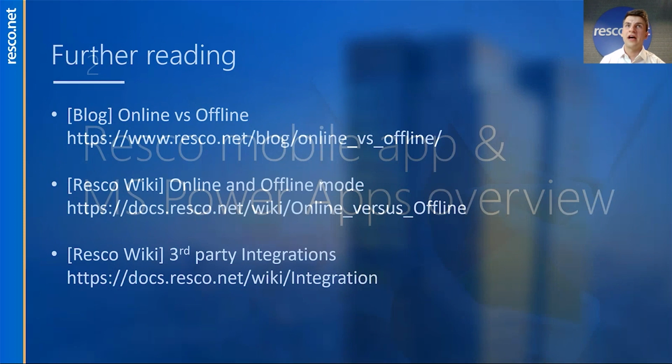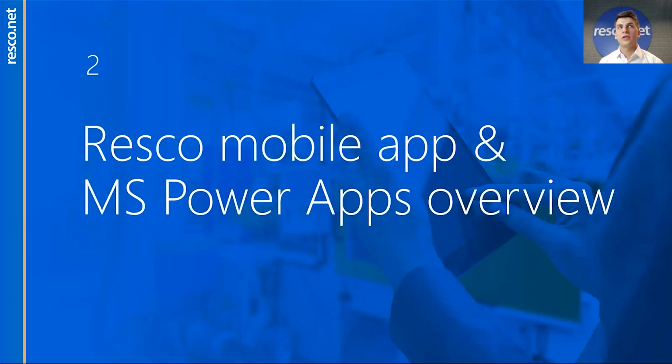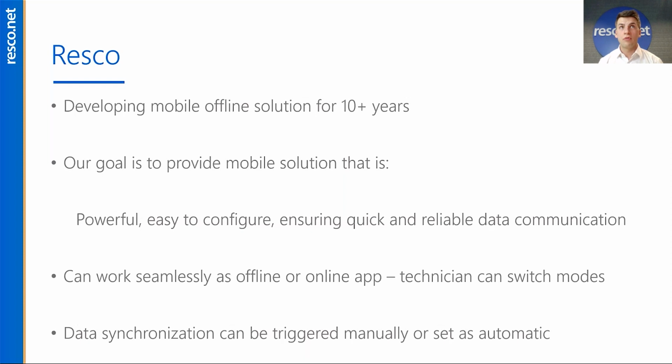And right away to the next section, we're gonna have a quick overview of both applications, just at the high level. Okay, so Resco has been developing mobile offline solutions for more than 10 years now. Our primary goal is obviously to provide a smooth experience for the user, and our application can work in offline mode or in online mode.